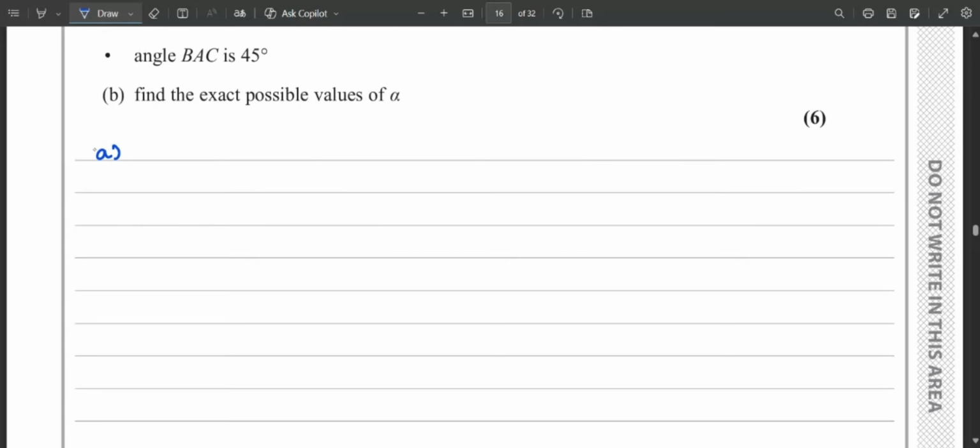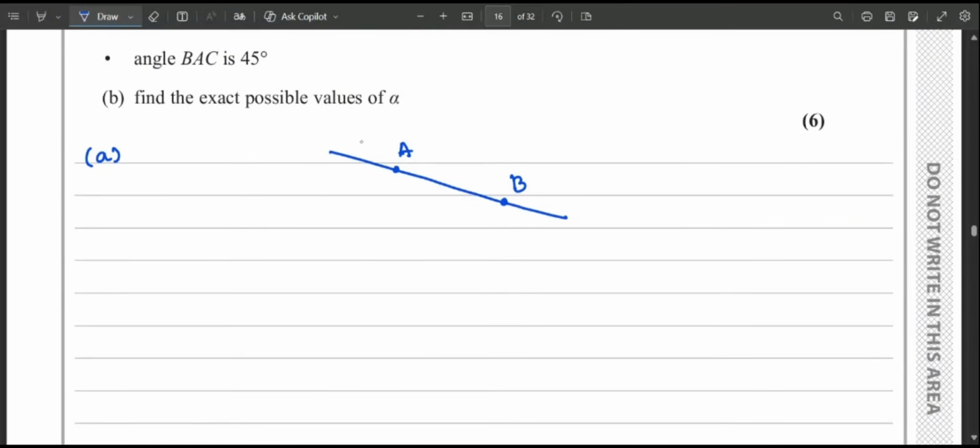In part A, a line passes through 2 points, point A and point B. We already know the position vector of A, and we also know the position vector of B. For writing down a vector equation, we need two things.